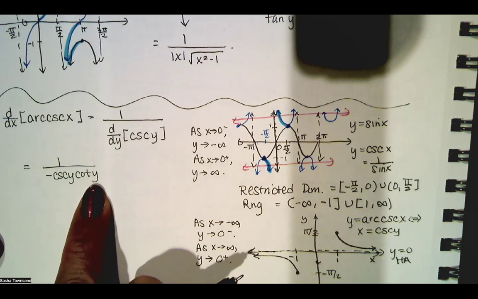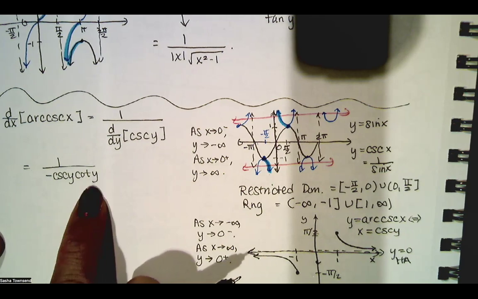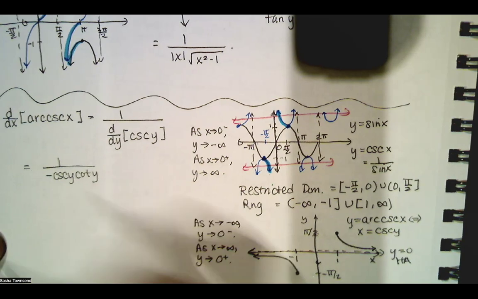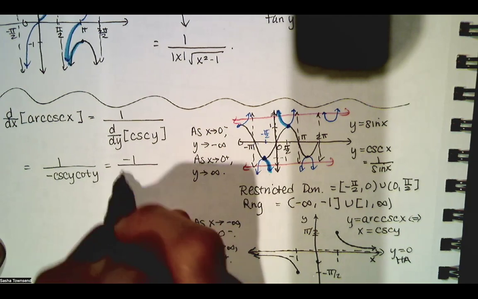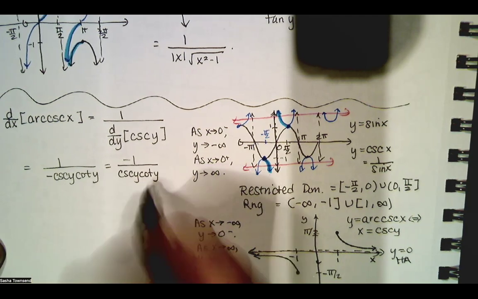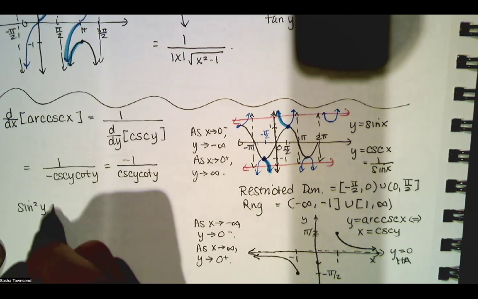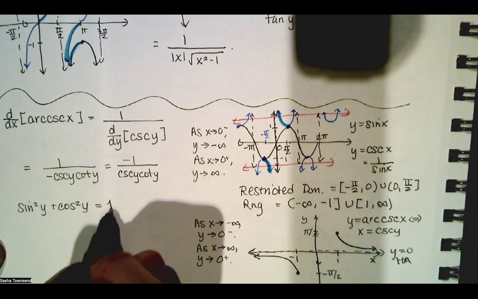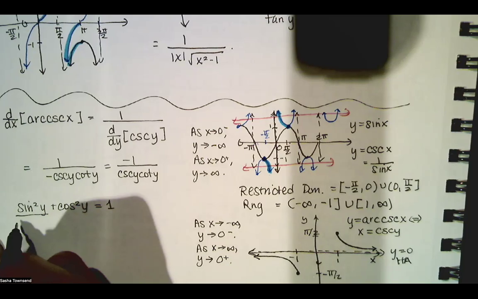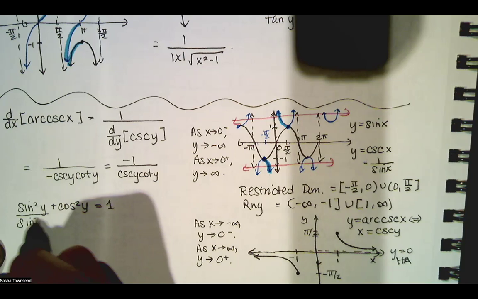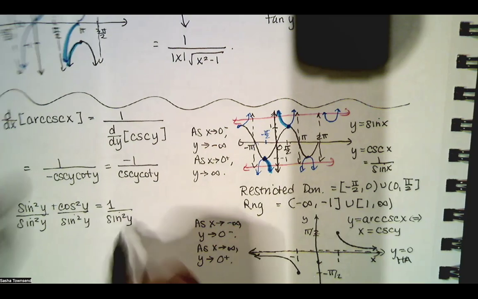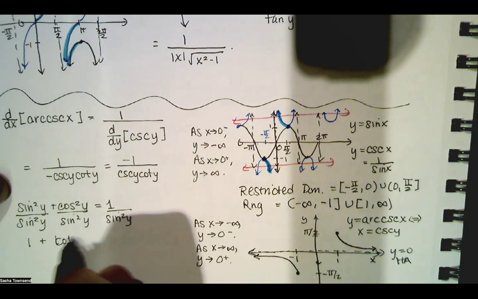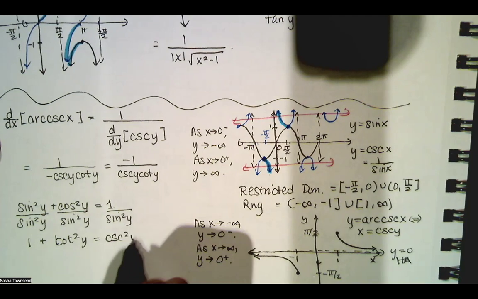So I'd like to write everything here in terms of cosecant of y, rather than in terms of cosecant of y and cotangent of y. Well, we can do that. And write that -1 in the numerator. If I take my sine squared y plus cosine squared y equals 1, and instead of dividing by cosine squared this time, I divide everything by sine squared, we have 1 plus cotangent squared y equals cosecant squared y.